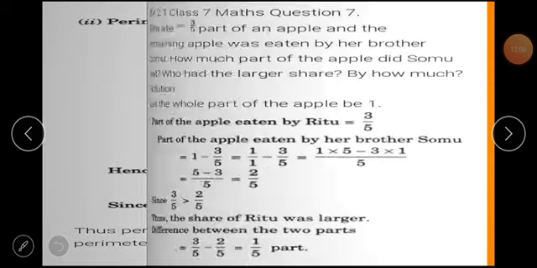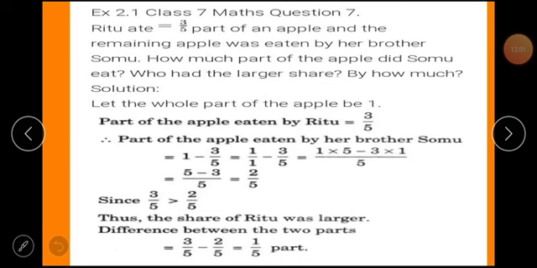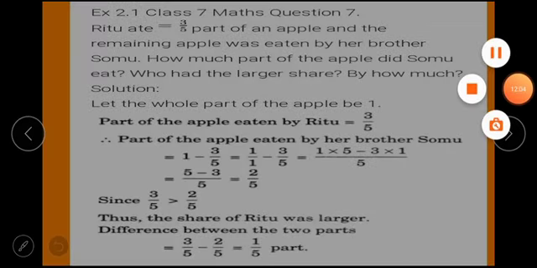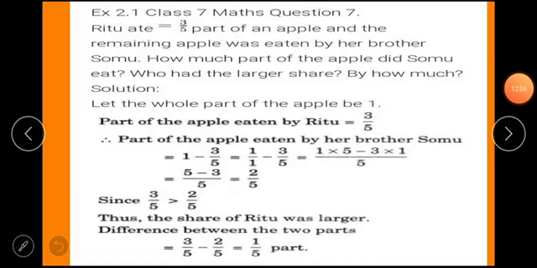Now next move on to next question, that is question number 7. Question number 7 is: Ritu ate 3 upon 5 part of an apple and remaining apple was eaten by her brother Somu. How much part of the apple did Somu eat, and who had the largest share, and by how much?